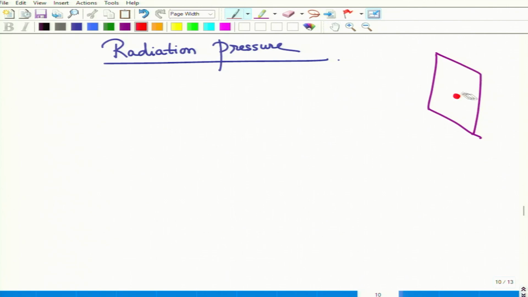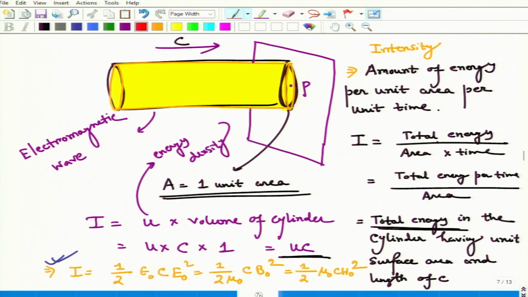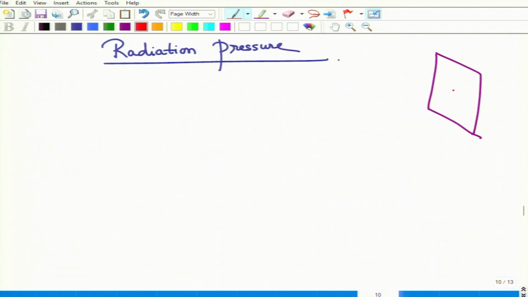Because the intensity we studied means the energy imposed at a point P. If we consider a point P, or any point in the perpendicular plane, and an electromagnetic wave is propagating in this direction, then the wave imposes energy at that point. Also, for an electromagnetic wave there is momentum and there is energy. So there should be a pressure, which is called the radiation pressure.